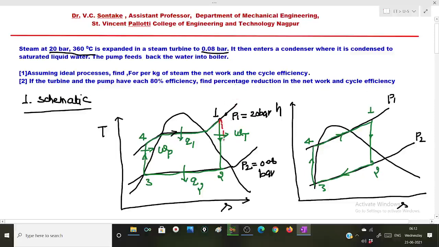They will be actual processes, and during these processes entropy will increase. So 1 to 2 dash represents actual expansion in the turbine. Likewise, 3 to 4 dash represents actual compression in the pump. The same processes on the HS diagram can be represented in this manner.